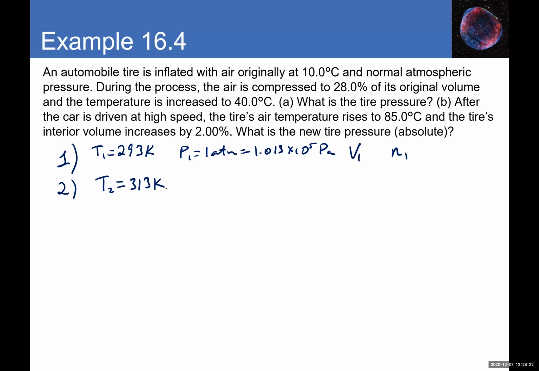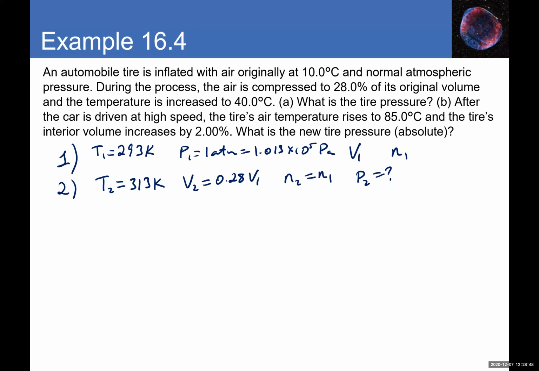And the volume is 28% of its original. That means I can say V2 is equal to 0.28 of V1. And there is nothing about the number of moles being changed, so I can say N2 is technically equal to N1. And then the question is, what is P2 once I change it?